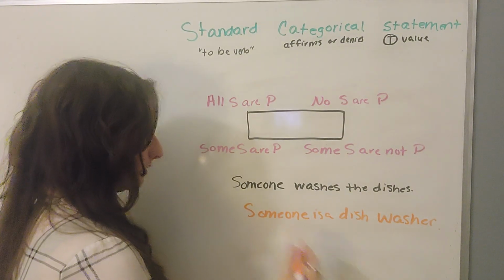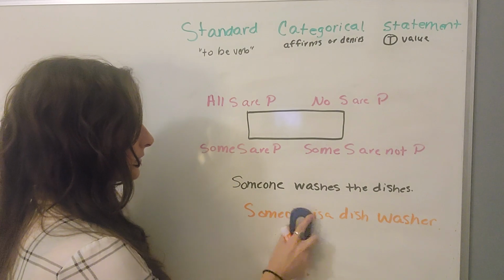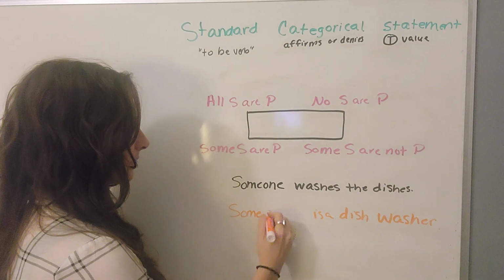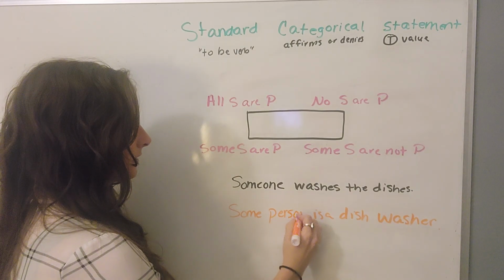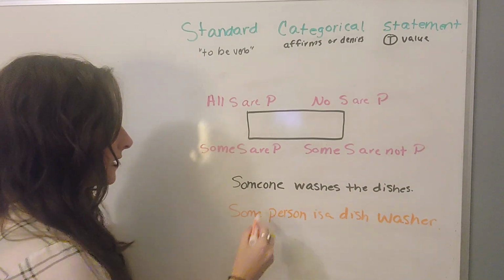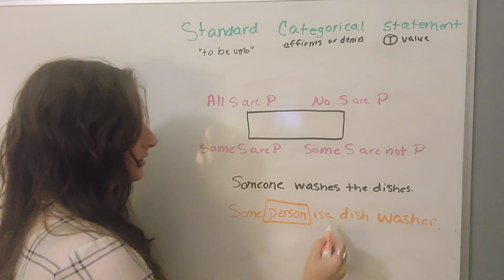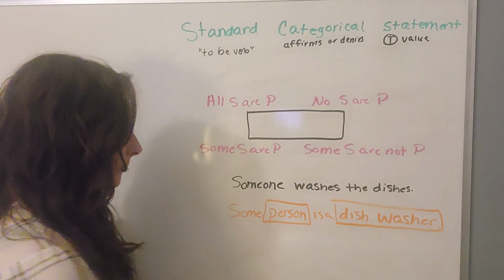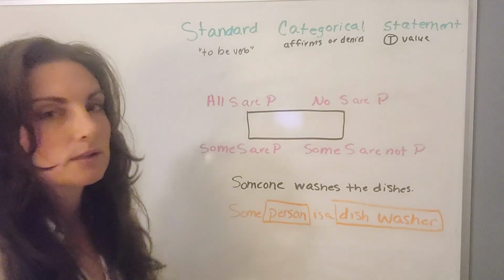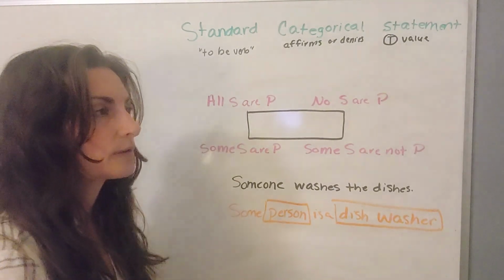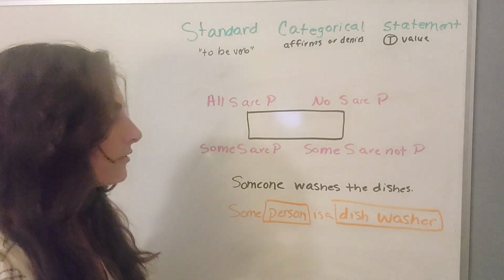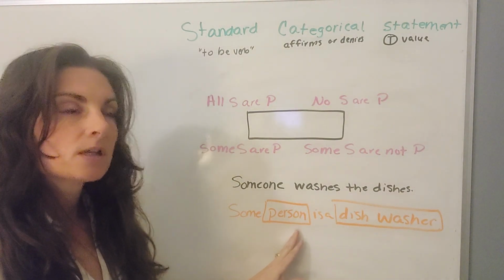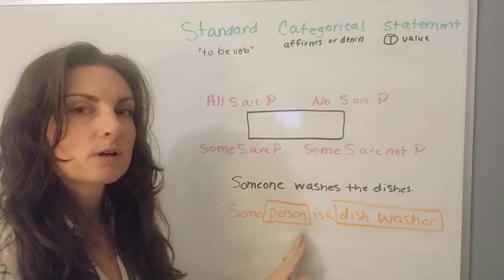So it's going to be some, I'm just going to erase this. And I'm going to do the same thing and make it a person, because this would be our subject class. We're talking about a person. And then this is our predicate class. We're talking about a dishwasher right there. And the reason why it would be easier and more clear, especially in the previous one where it was no body, is if you were to keep body here instead of person, that doesn't clarify what we're actually talking about.